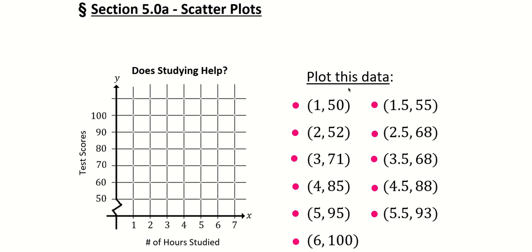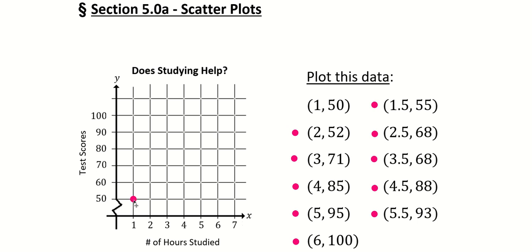A scatter plot involves different data points where, just as in this first example, (1, 50), we're going to plot the data. Again, it's like x, y. So x is technically the number of hours studied, and x is 1, and then the y coordinate, the test score, is 50.